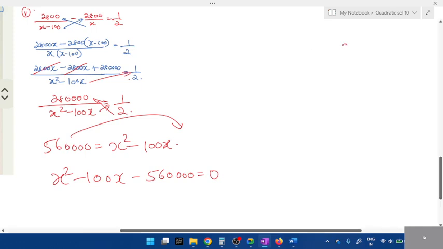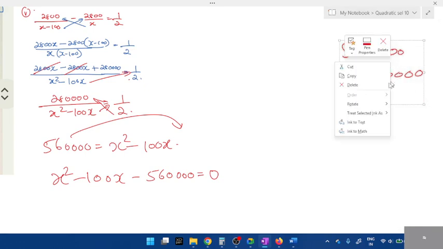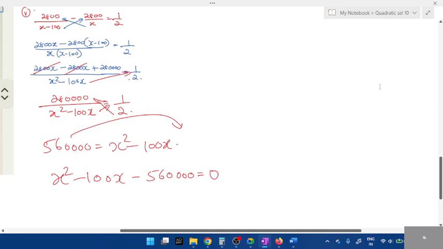You can use factorization, 5, 6, 0, 1, 2, 3. So if you split this, what do you get? It's too lengthy.